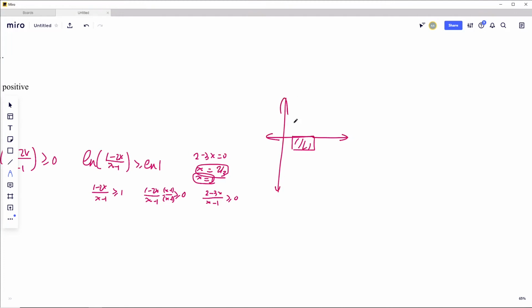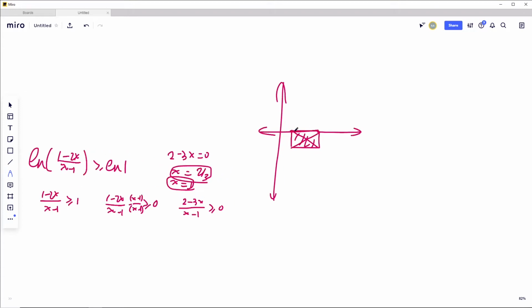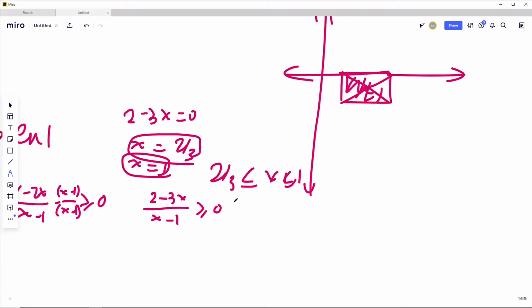The region where they are touching and they're both negative. So this is why you get 2/3 less than or equal to x less than or equal to 1, because it's not strict here. It's greater than or equal to. The equal to is what I care about, so this is why I put the equal to here.